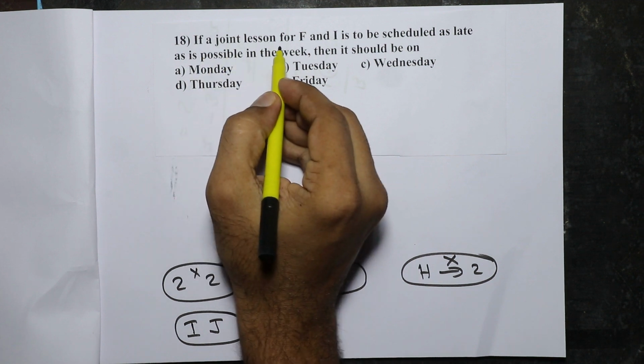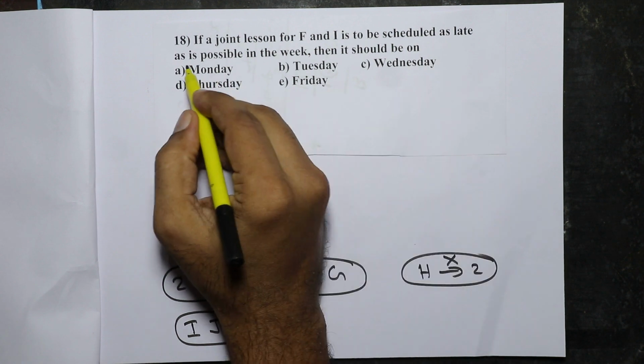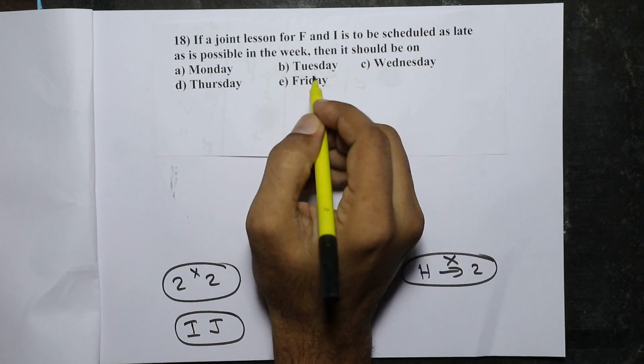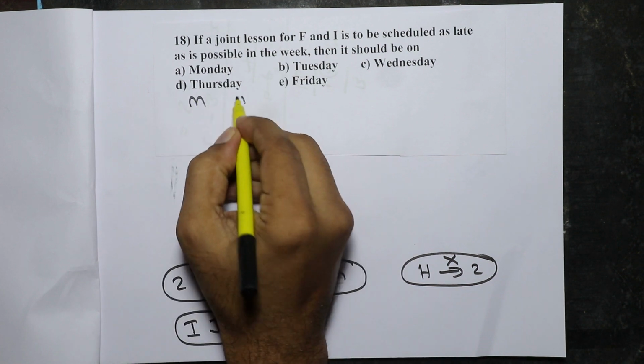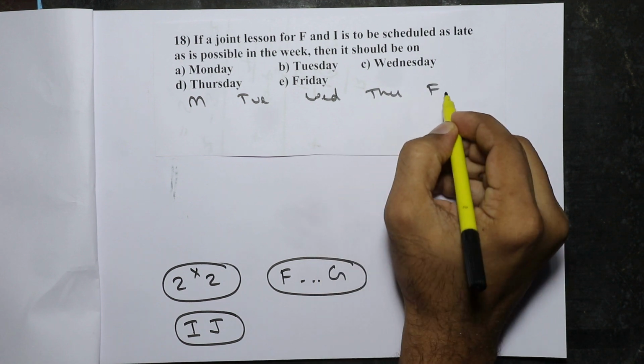If a joint lesson for F and I is to be scheduled as late as is possible in the week, then it should be on which day? So you have Monday, Tuesday, Thursday, and Friday.